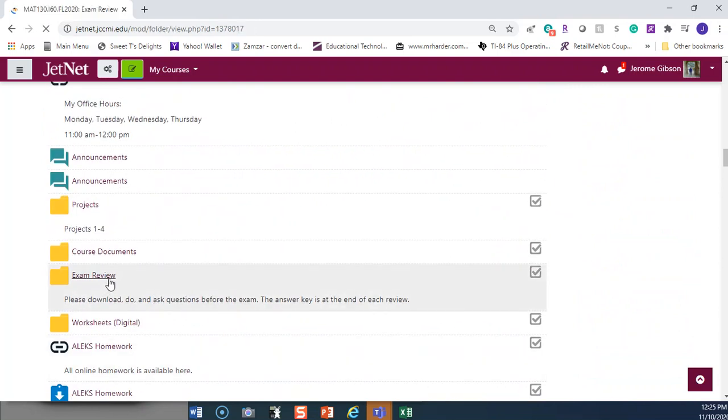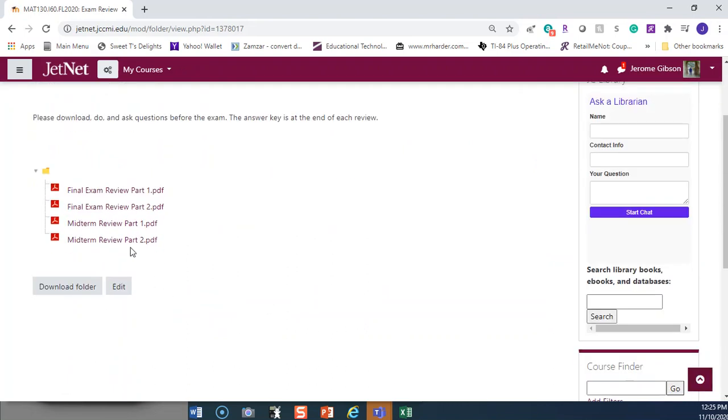You will click here on this folder and it has all the exam reviews. If you notice, the midterm has two parts to it. So we're going to go over part 1 today, and then tomorrow we're going to go over part 2. So what you would do is click here and download the review, and then you will be able to go over the review with me.